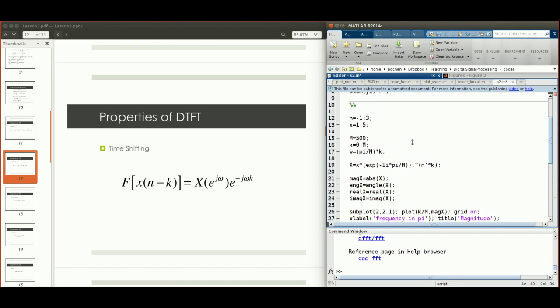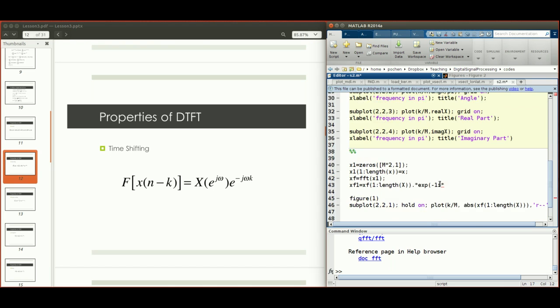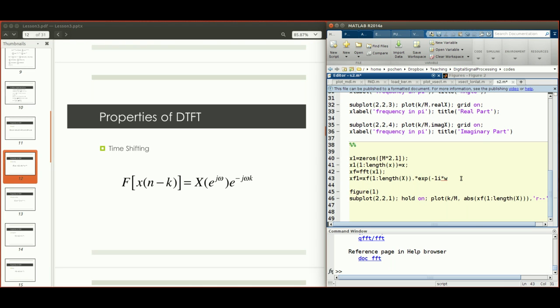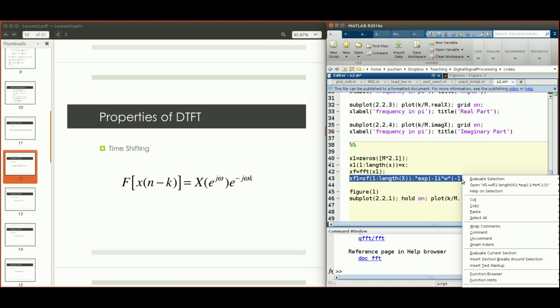What's our frequency axis? Frequency axis is W. We have defined our frequency axis here. So we have to multiply with W, and then times the amount of shift, which is -1.